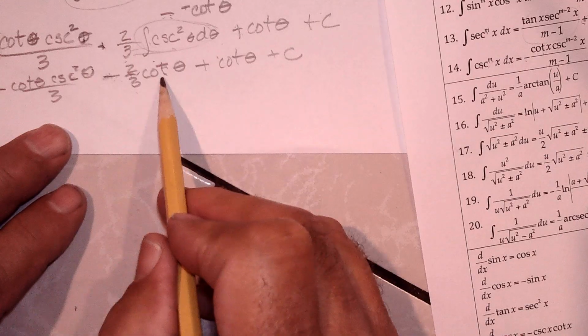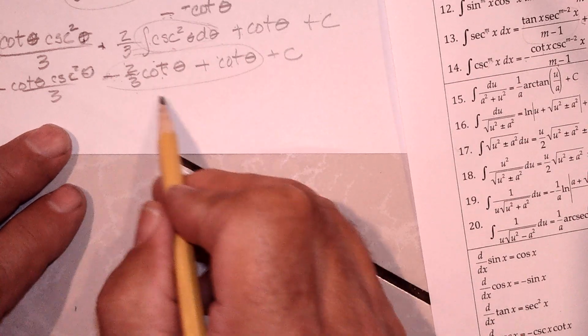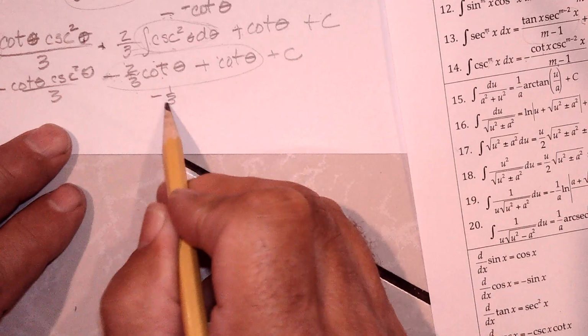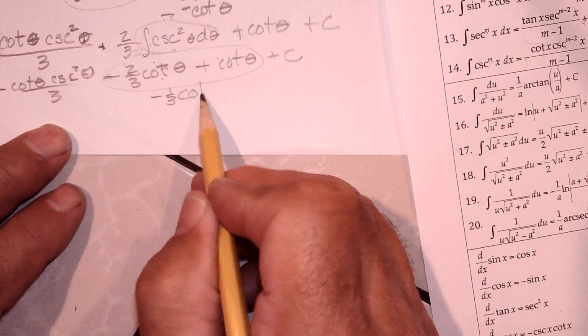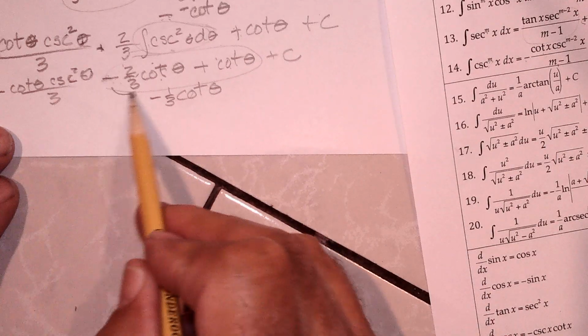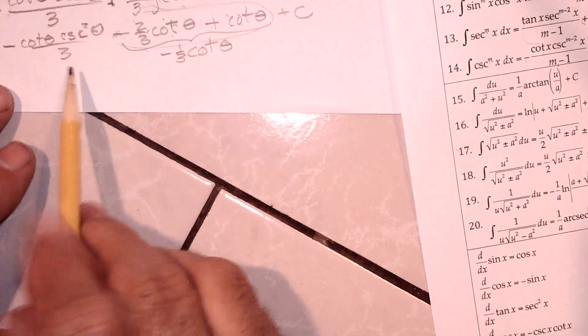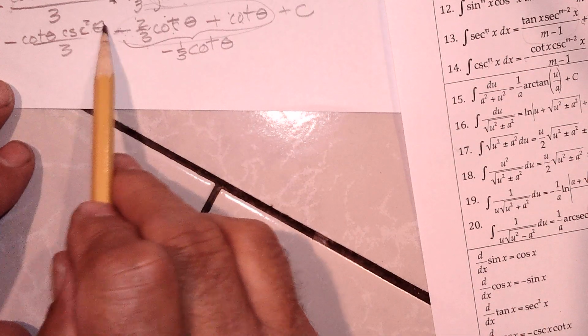So minus 2/3 cotangent plus a whole one. This would be just minus 1/3 cotangent theta. These two together. So now we're in cotangents and we're back into thetas.